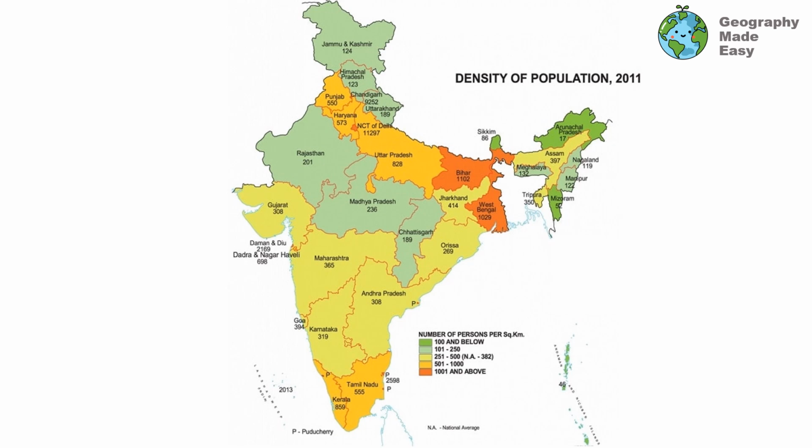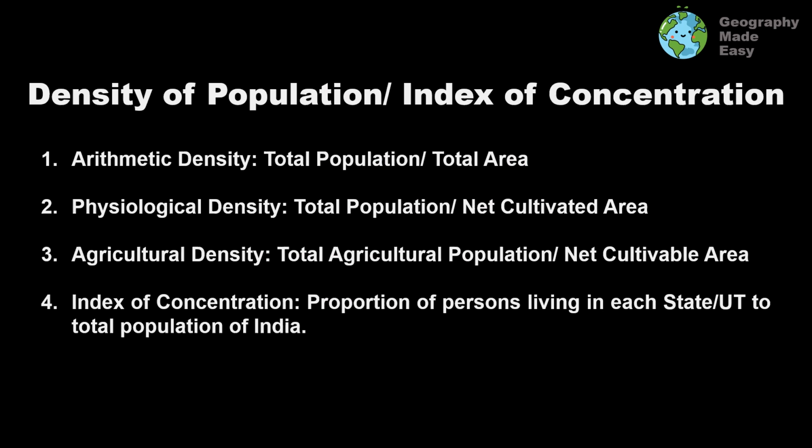So in this way, the density of population which we were discussing with the help of data can be shown on the map. And if we compare the different densities of population between the different census years, we can make a comparison as to how much the density of population has changed over the years.